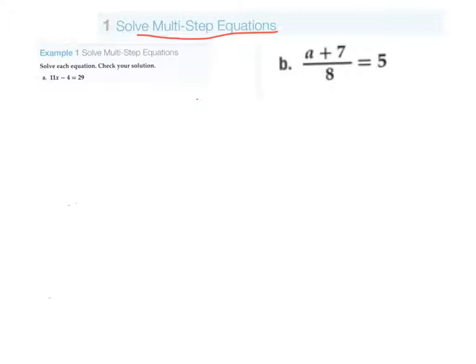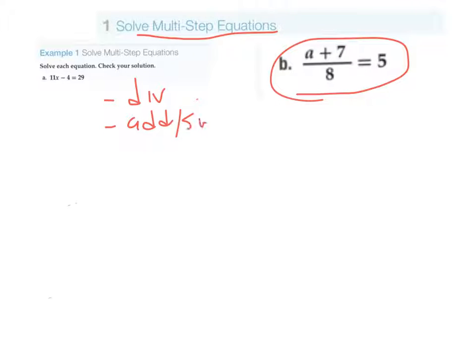Now if we look at this problem, there is a division. So we need to get rid of that fraction because it's over the whole problem before we can do our additions. And that's what I was talking about earlier. We would do division if it's on the whole problem, then adding and subtracting. And then we would do multiplication and division to solve. So in this case, I'm going to multiply by that 8.